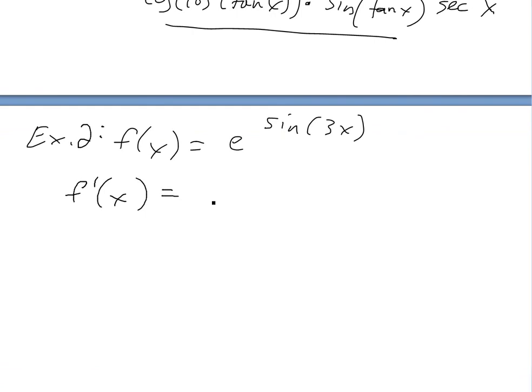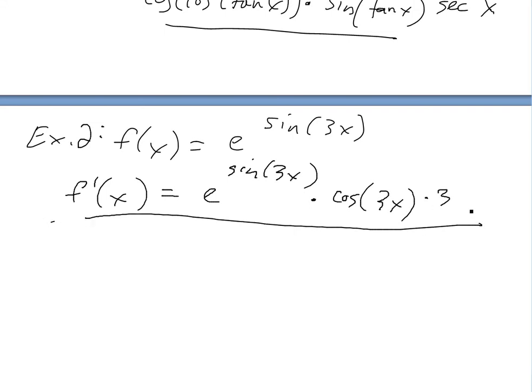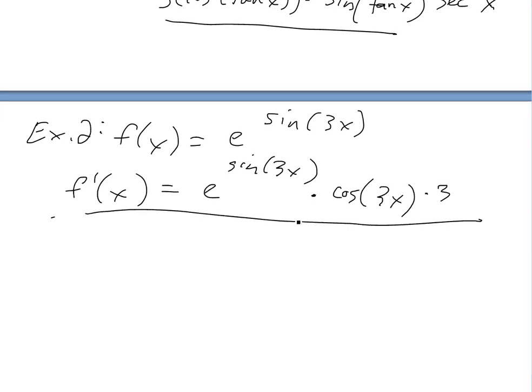The derivative of e to anything is just itself, so e to the sine 3x. Then the next inner one, sine: the derivative of sine is cosine 3x, and then the derivative of 3x is just 3. So there's our derivative, all in one step. It's really quick and easy.